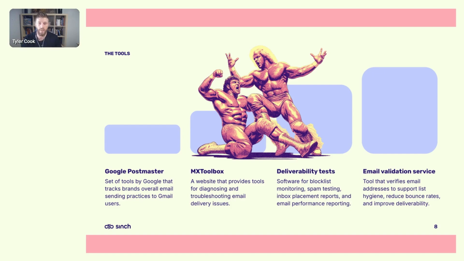Deliverability testing software like Mailgun Optimize allows you to test different inboxes, different mailbox providers, and see where you're landing in the inbox. So then you can make educated decisions on how to rehabilitate for specific mailbox providers.